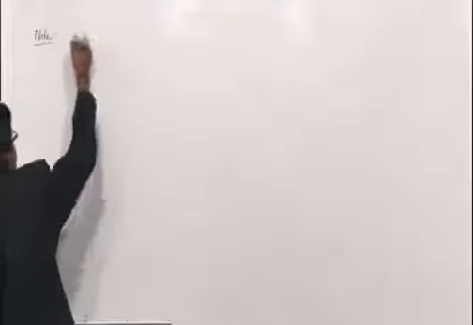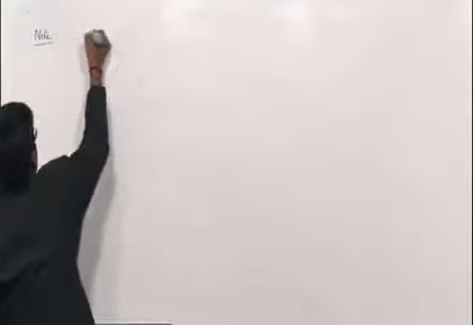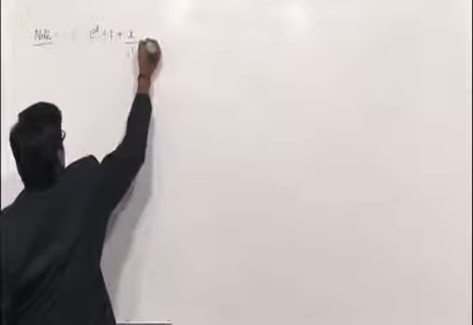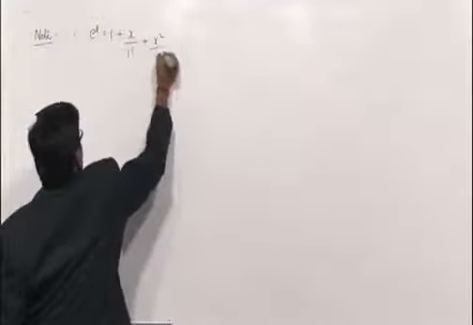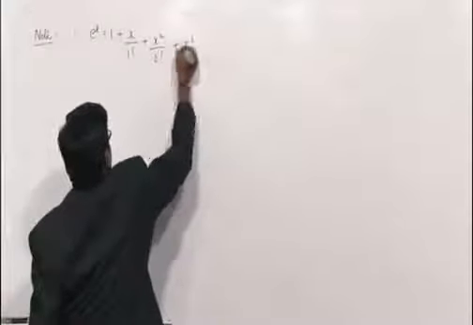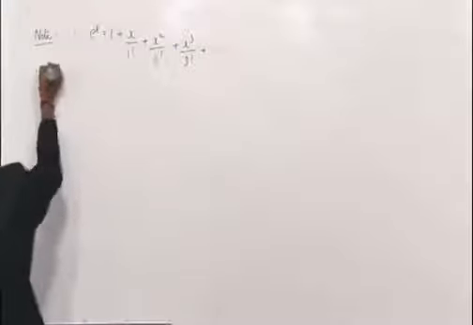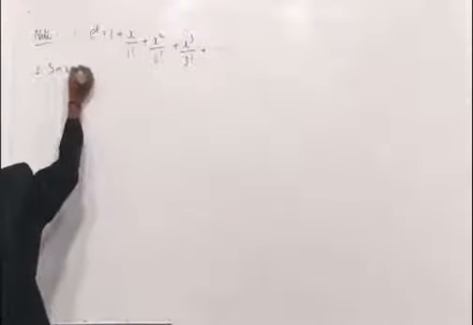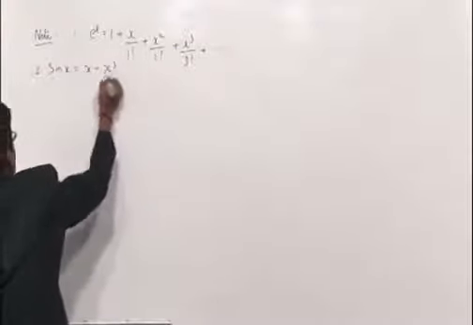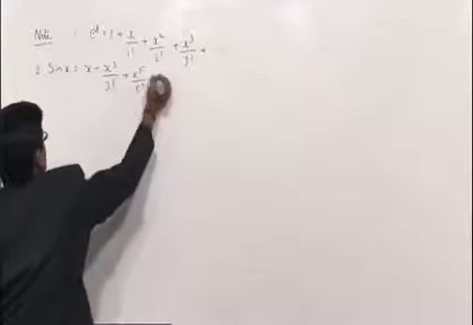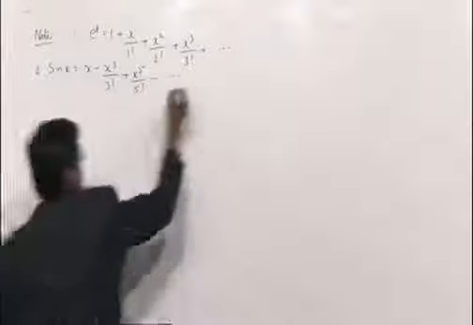Now these are some standard expansions of Maclaurin series. 1. Exponential x is equal to 1 plus x by 1 factorial plus x square by 2 factorial, x cube by 3 factorial, plus so on. This is already given in limits. 2. Sin x is x minus x cube by 3 factorial plus x power 5 by 5 factorial minus so on.